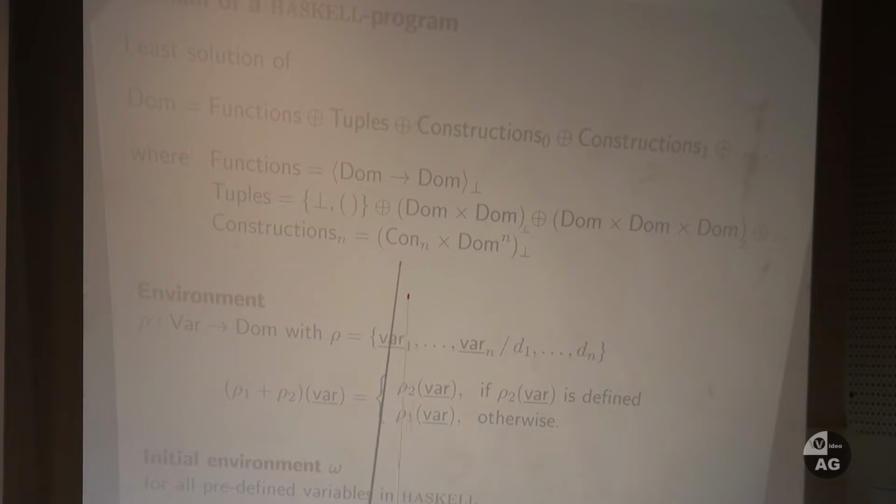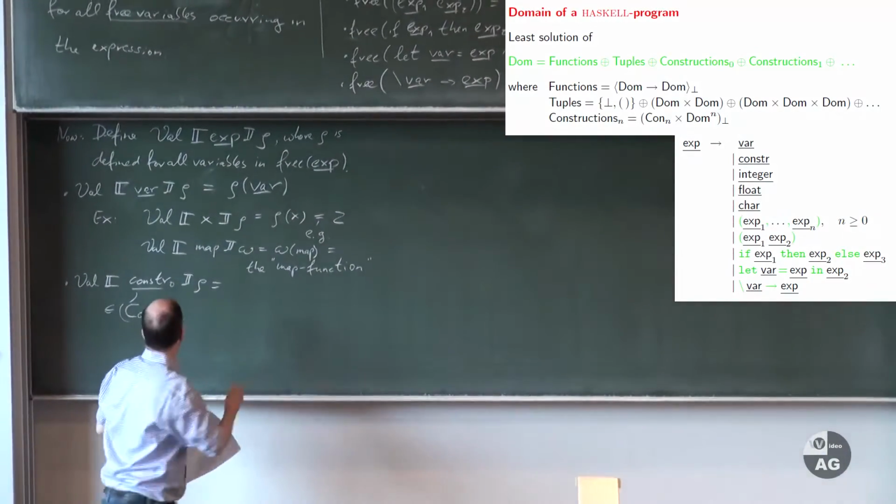So it contains things that start with a constructor of arity 0, they will be mapped to elements from constructions 0. And terms that start with a constructor of arity 1 will be mapped to objects from this set, constructions 1, and so on. So this will be mapped just to itself.